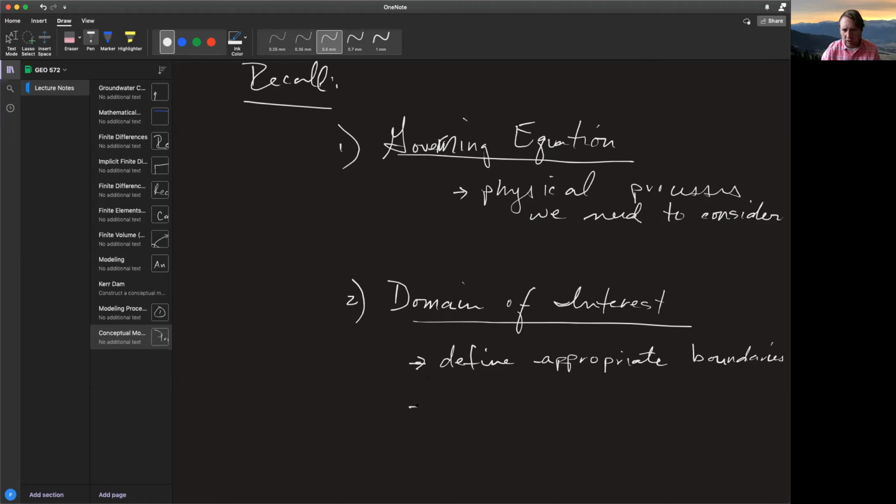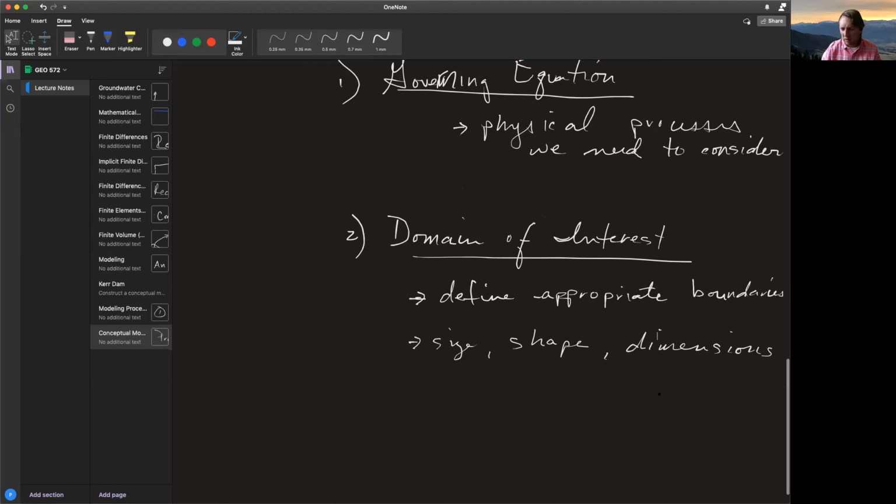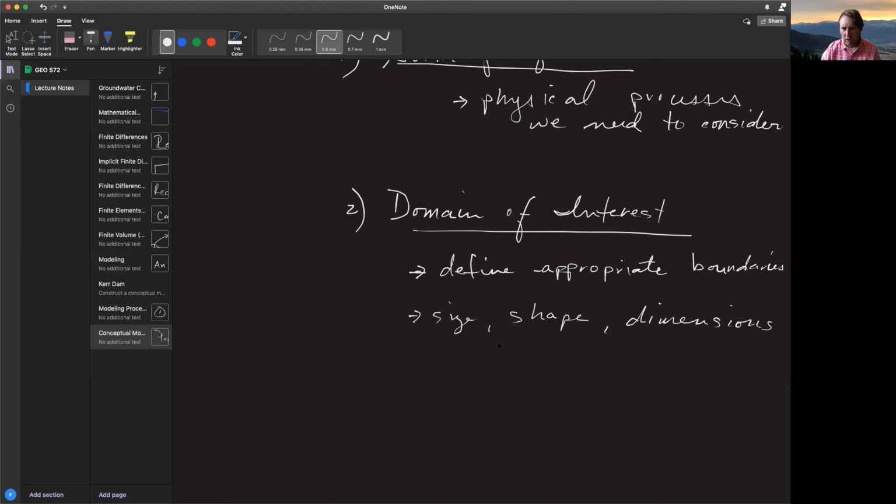So we can think about the size, shape, dimensions. In that, we're going to be implicitly thinking about area, geology.